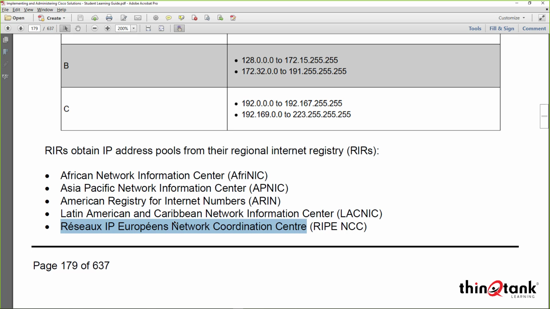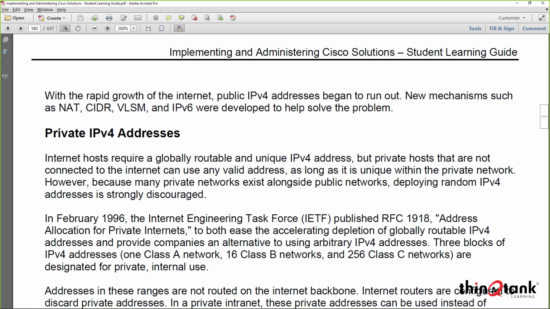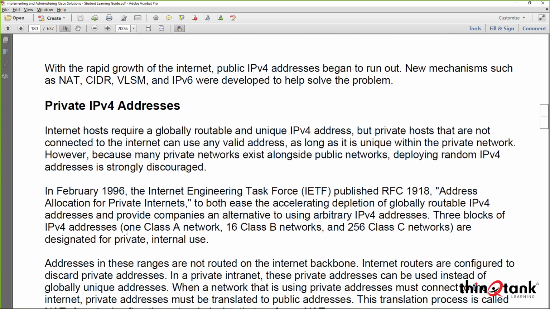That's probably not how you say that, but whatever. We'll just call it RIPE, all right? So we talked about how the IANA allocates address space to these regional internet registries, and then those regional internet registries allocate address space to their customers, the service providers, and so on.